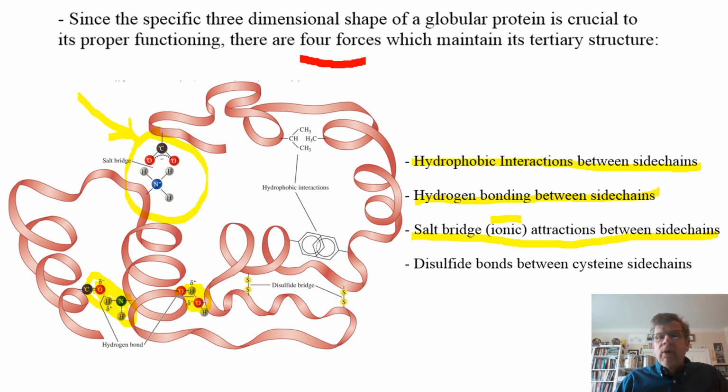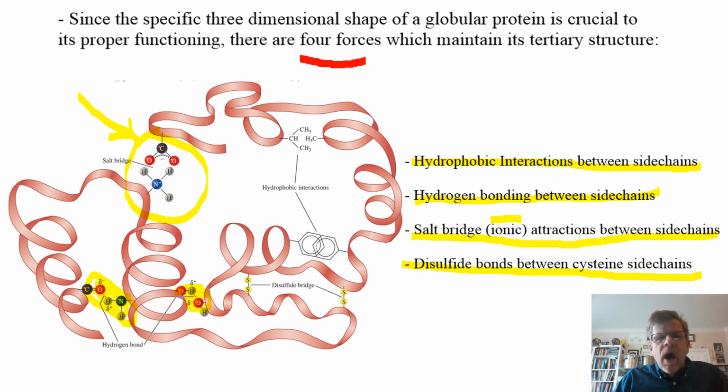The last of the four forces which maintain tertiary structure is specific to only one amino acid, and that amino acid is known as cysteine. If you look back at our structures of amino acids, cysteine was the one that had a thiol side chain, and thiols can form disulfides between the side chains of cysteines under oxidative conditions, which can be achieved within the cell or within the bloodstream.